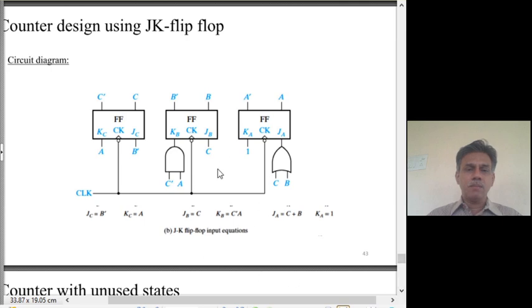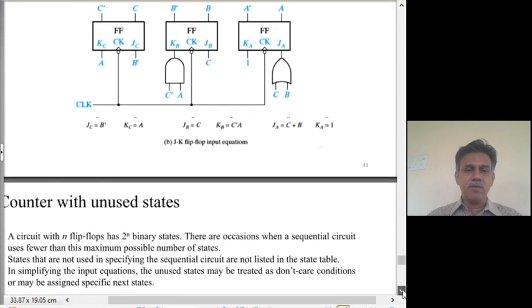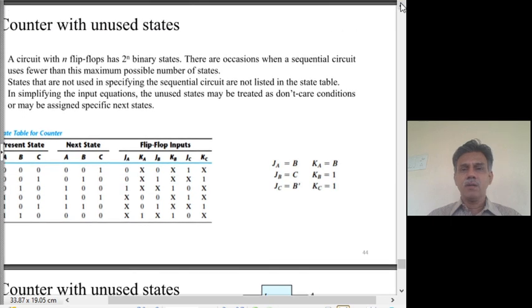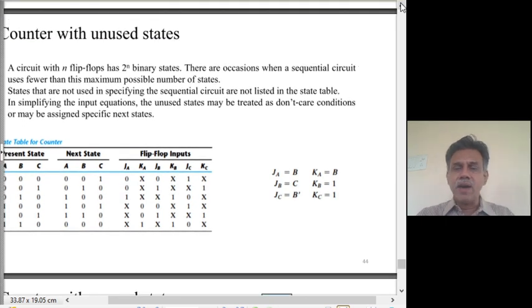So we have looked at the hardware for the JK flip-flop based design, and finally in this lecture we will wind up by looking at what happens when we have a sequential machine having a state graph where there are unused states. Some states are not present. This may happen because the variables A, B, C, which are inputs to a given state machine, may be generated by some other subsystem in the digital system, and they may not have all possible combinations.